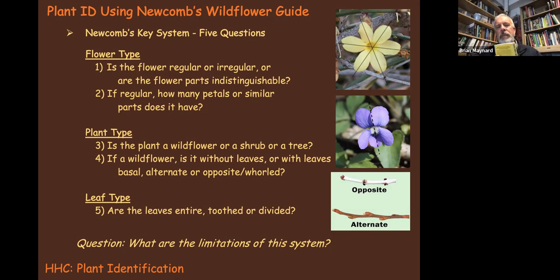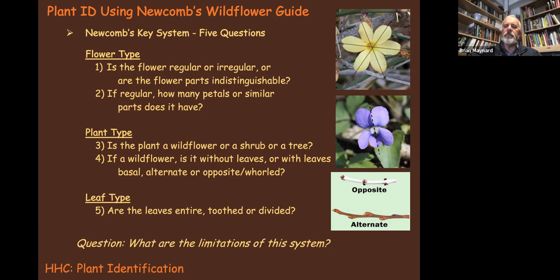So Newcomb's keying system is based on 5 questions, and those questions are outlined on page 10, Roman numeral 10, the key system and how it works. And the 5 questions are, 2 of the questions relate to the flower type. The first of the flower type questions is, is the flower regular or irregular?